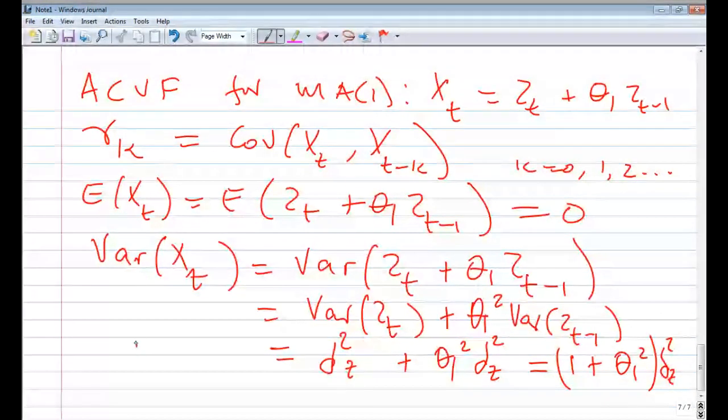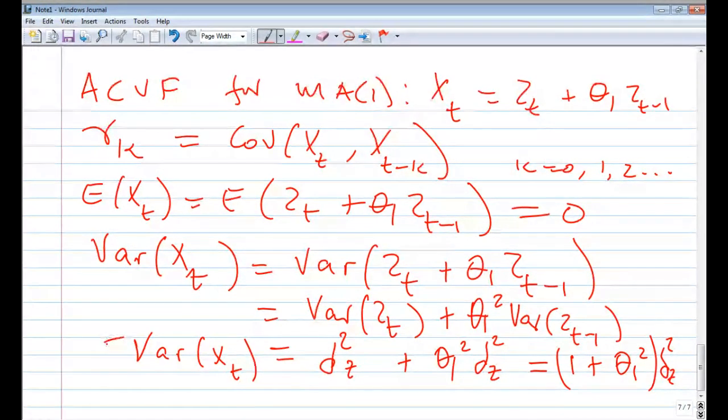So therefore, the var of Xt equals 1 plus theta 1 squared times sigma squared z. And remember, according to the properties of autocovariances, var of Xt is always equal to what? Gamma 0. Okay. So gamma 0 is equal to 1 plus theta 1 squared times sigma squared z. So now we've already started finding gamma 0.